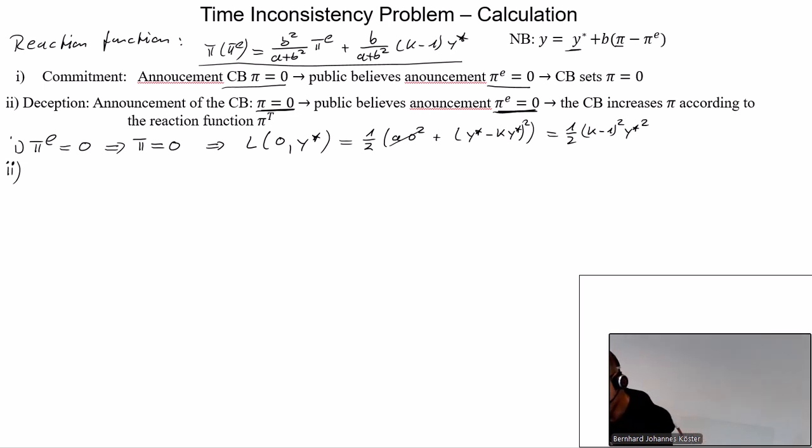So the central bank is setting pi of pi e equals 0. And this means here we insert a 0 and we are left with this part of a positive inflation rate now.